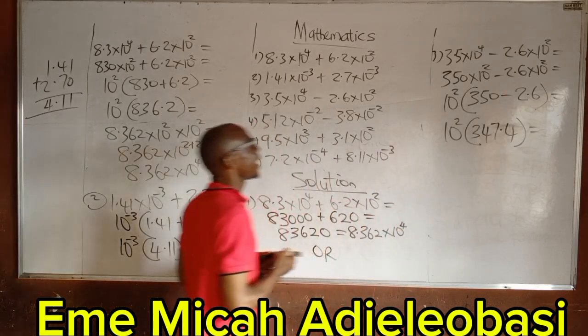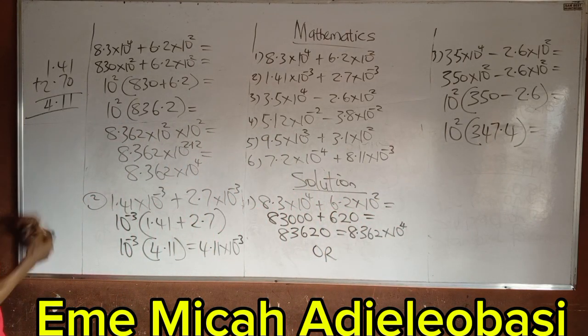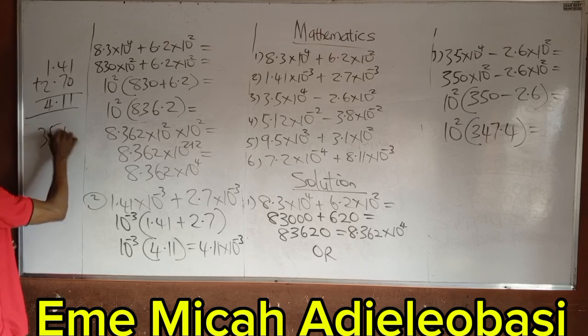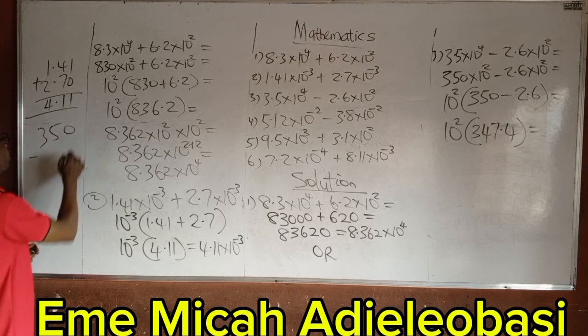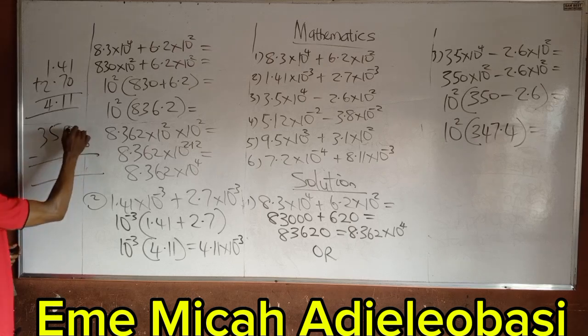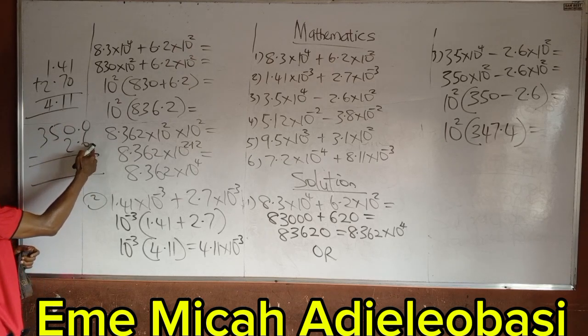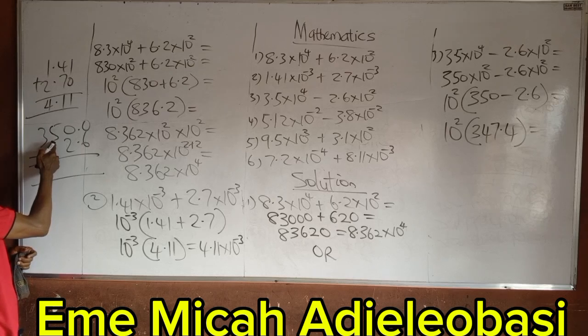If we are not clear, I want to take it this way so that you can understand what we have done. 350 minus, we have 2.6. You can see that this is also a decimal point and there's a 0 there. 0 minus 4 cannot. We borrow 1 from this 5, so this 0 becomes 10.